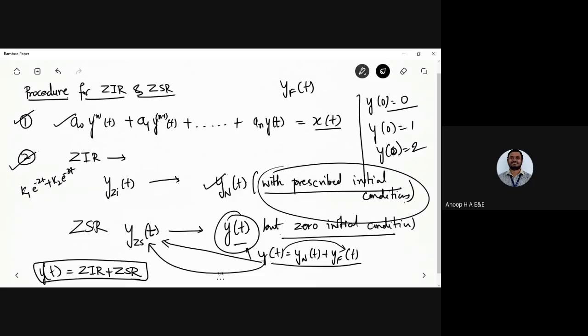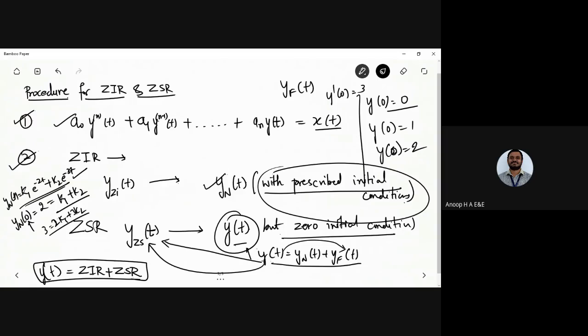Next, yn of 0 will give you an equation like 2, with t equal to 0, k1 plus k2. Next, y dash of 0 will also have some value, as 3. So again you differentiate the natural response and get an equation 3 equal to 2k1 plus 3k2, something like that.